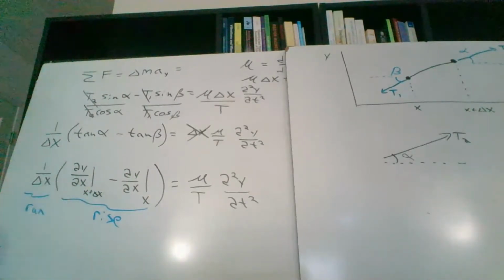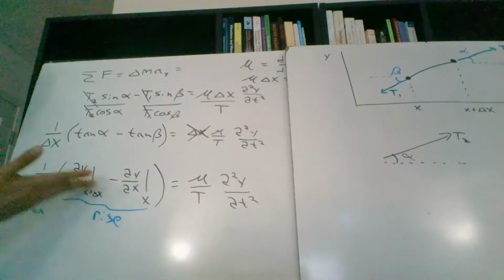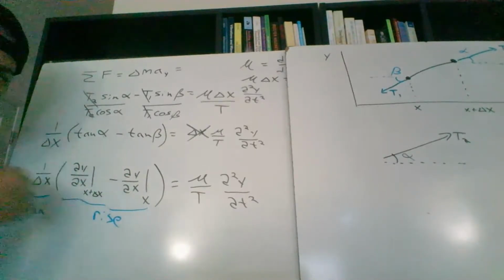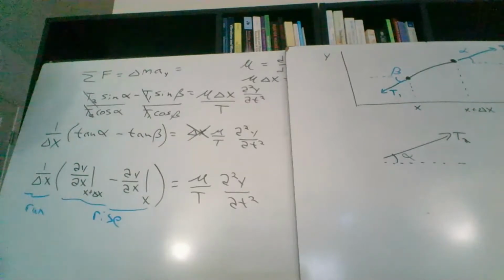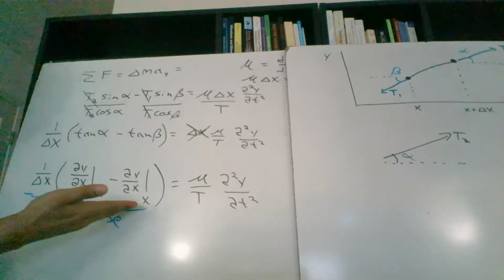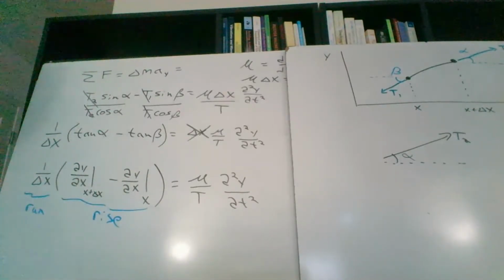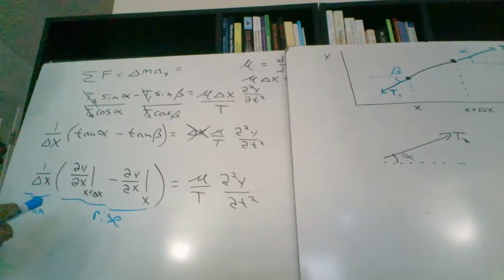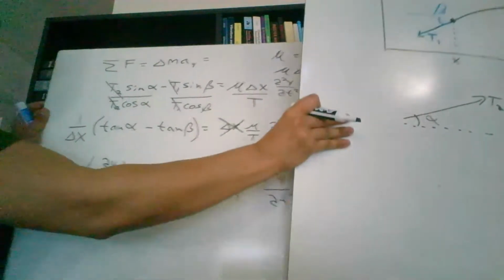So what you have is rise over run. You have the slope of the change in the slope. Let me repeat that: you have the slope of the change in the slope. That's the second derivative. So this multiplied by this is essentially just the second derivative, and I'm going to rewrite it as the second derivative over here.